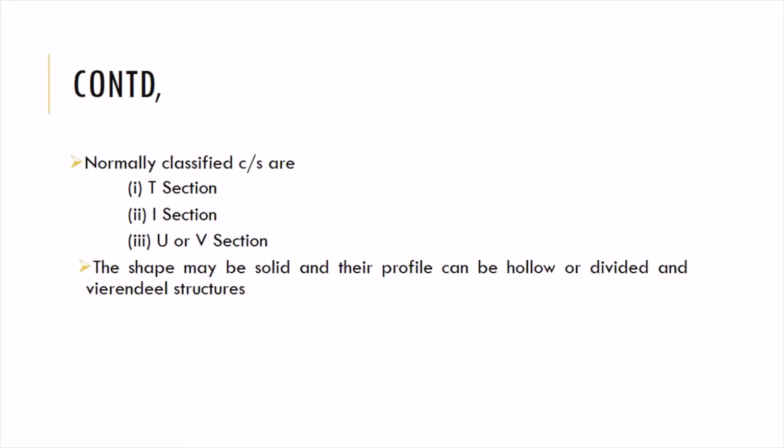The shape may be solid or hollow or anything, but for the profile given, they mention that the rectangular section is good in structural carrying capacity and also in prefabrication work, but the disadvantage is that it is not more economical. We need to consider the point of economy also. It is not more economical. So this is the main point.